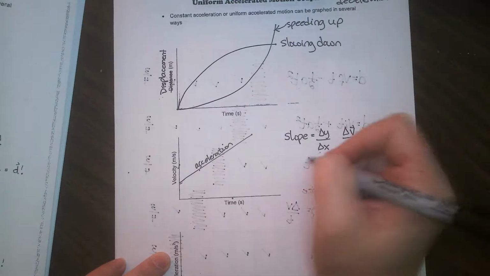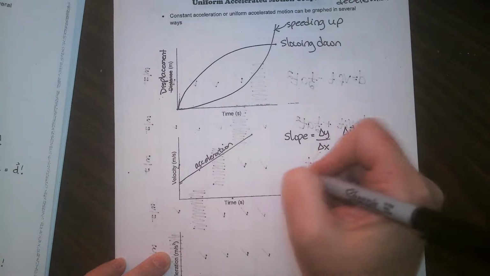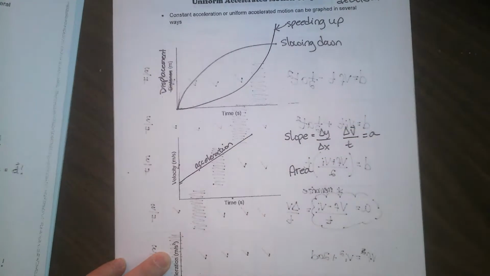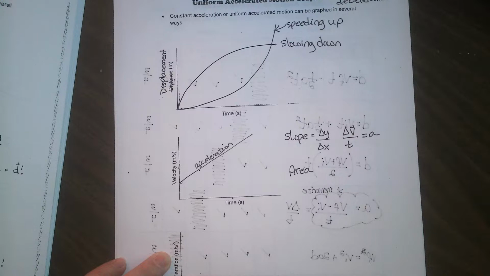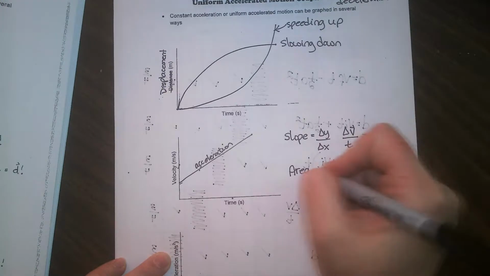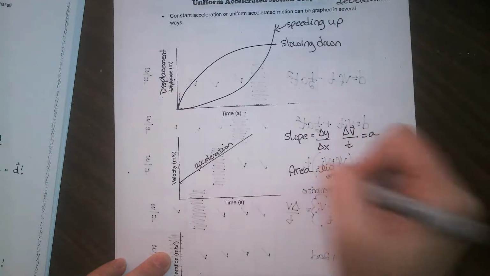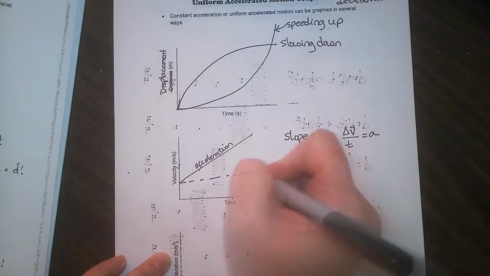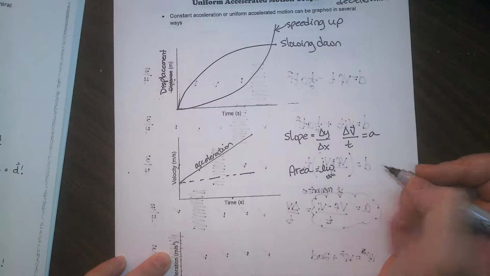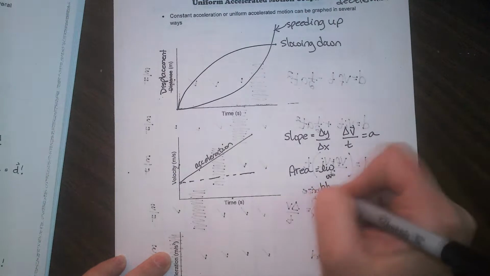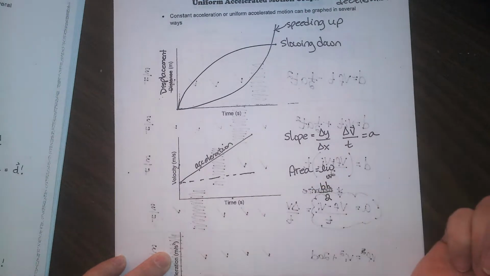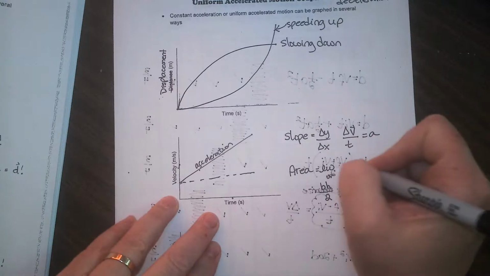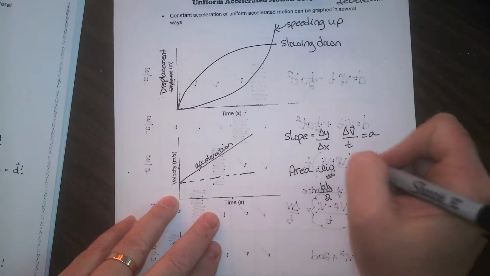Now, we learned something else about graphs. We learned about area. How do we solve area? Length times width, or if I was to do this, you would see two shapes show up. Base times height divided by 2. So if I looked at length times width, I would have velocity times time.